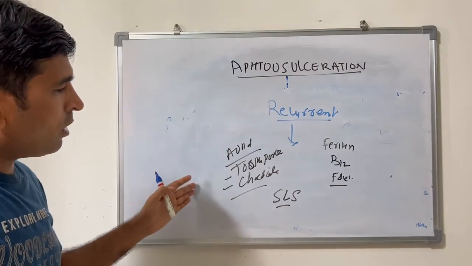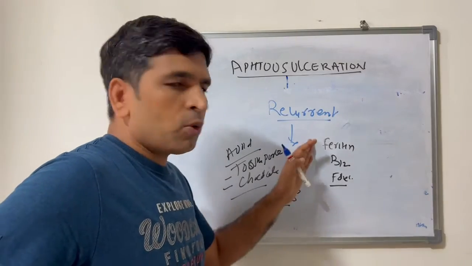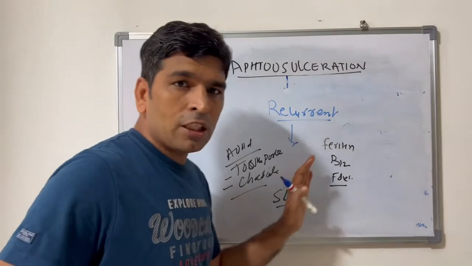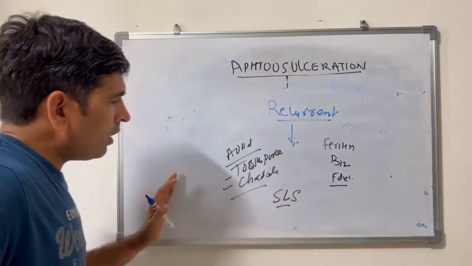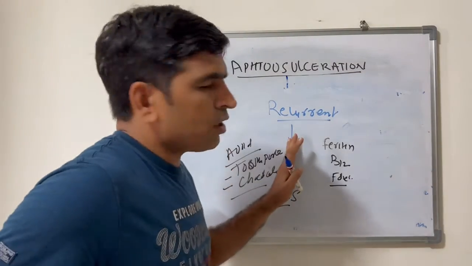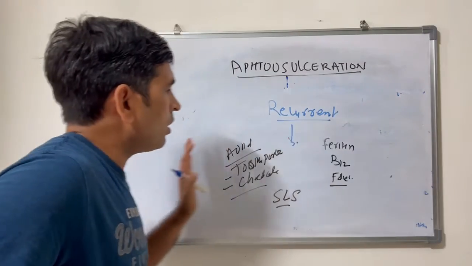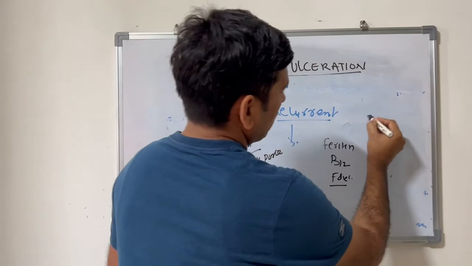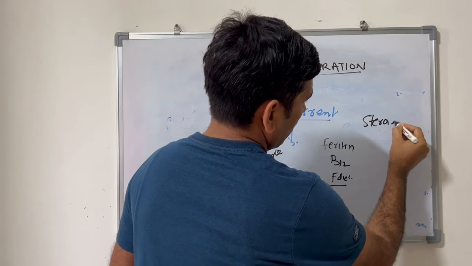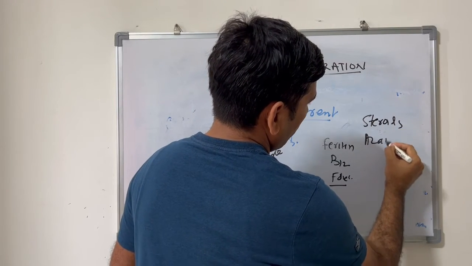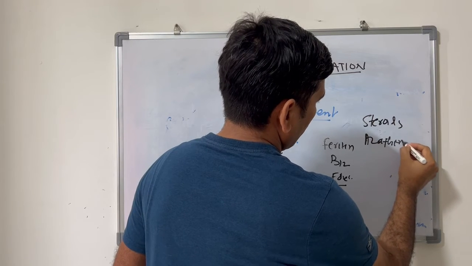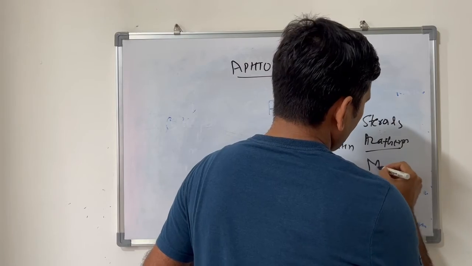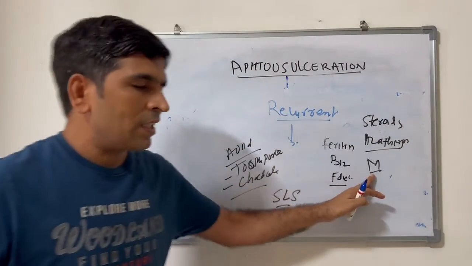So for these genetic patients, you have to correct these factors and give symptomatic treatment like benzydamine lotions, and if severe, give steroids and immunomodulators like azathioprine, methotrexate. These are the medications.